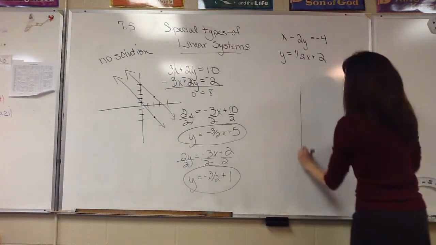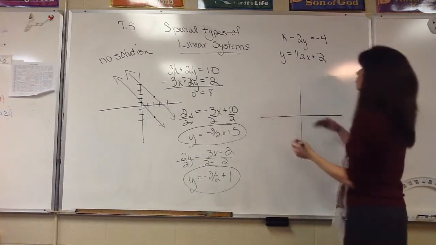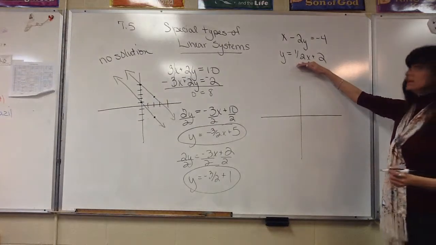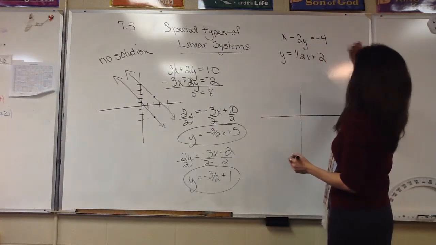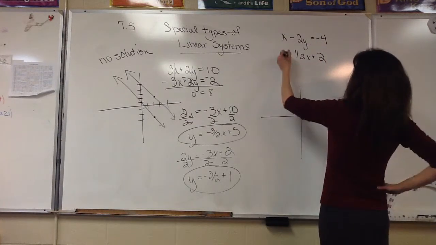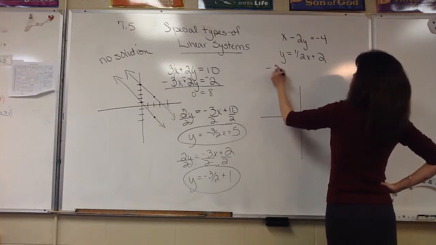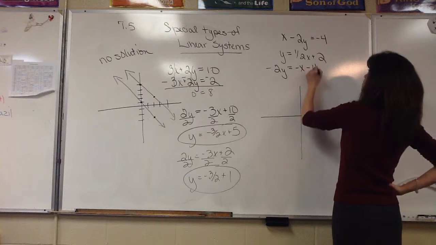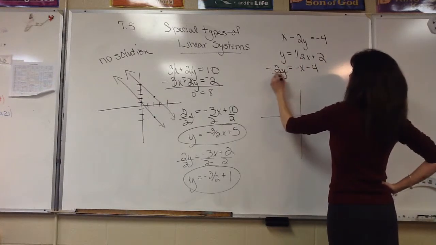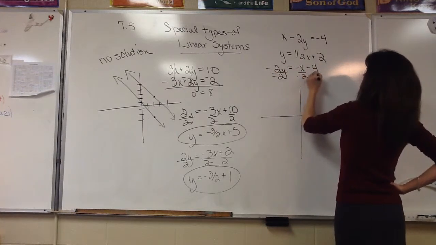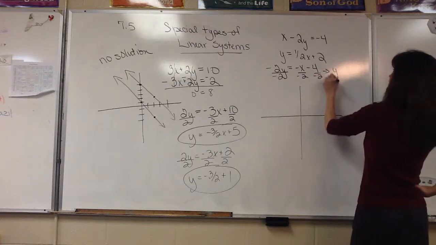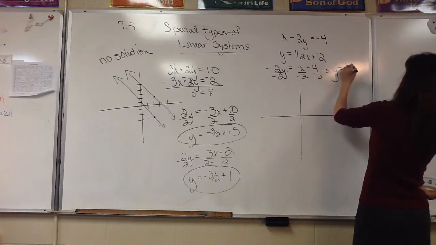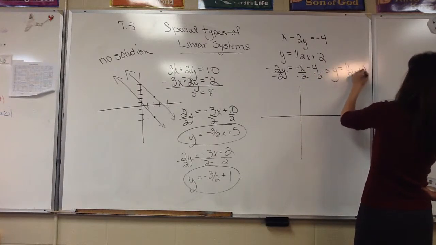What I'm going to do is set both equations to equal y. This one's already in y-intercept form. However, on this one, we do have to change it around. I'm just going to say, okay, negative 2y equals negative x minus 4. And then we divide everything by negative 2. And we're going to get y is equal to positive 1/2 x plus 2.